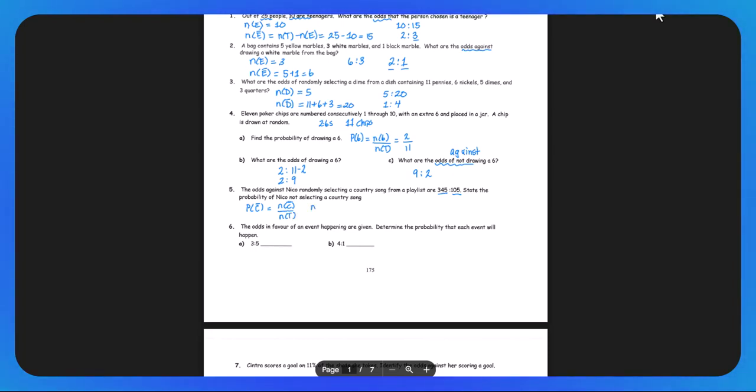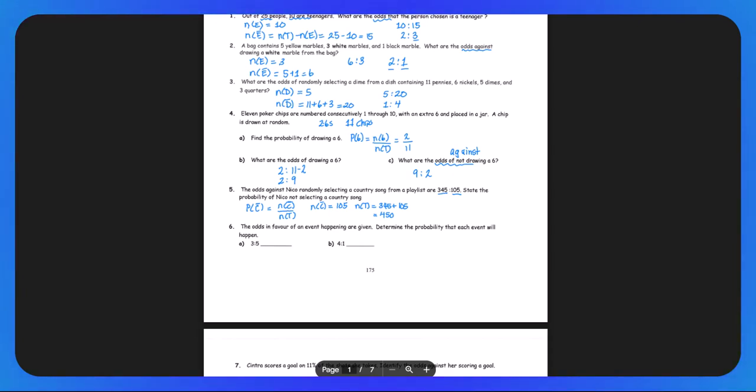Well, the number of not country equals 105. And the total number of songs equals the total of country songs plus the total of not country songs. Those together add up to 450. Make sure you take your calculator out and check my work.